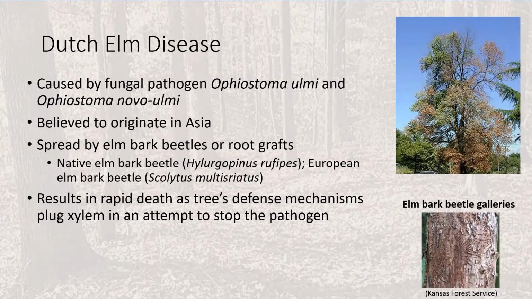Where I think in the case of American elm, with it being such a widely used urban tree and just so prevalent in the landscape and close to so many humans, it was also the spread of firewood that helped to kind of move this pathogen around. We as humans are really good at moving firewood and moving the pathogens right along with it.